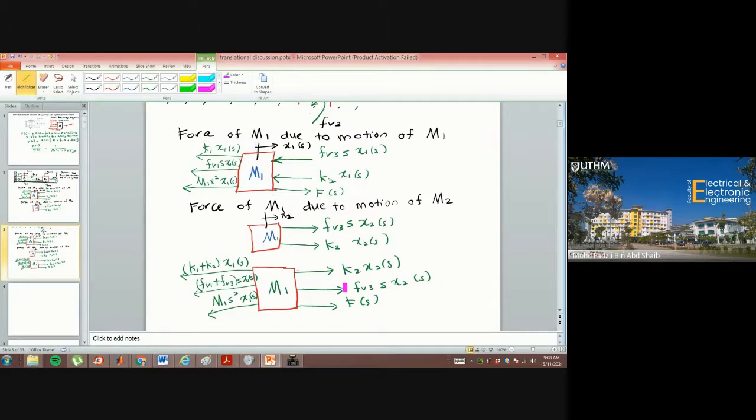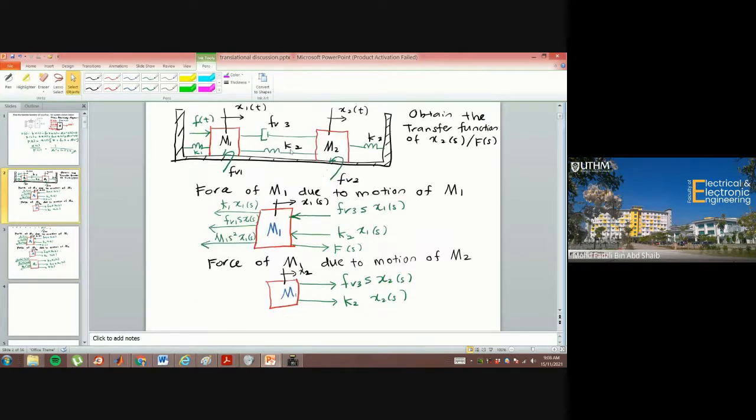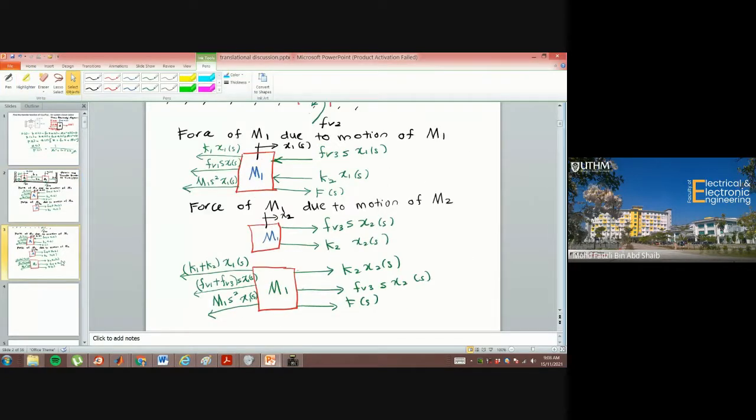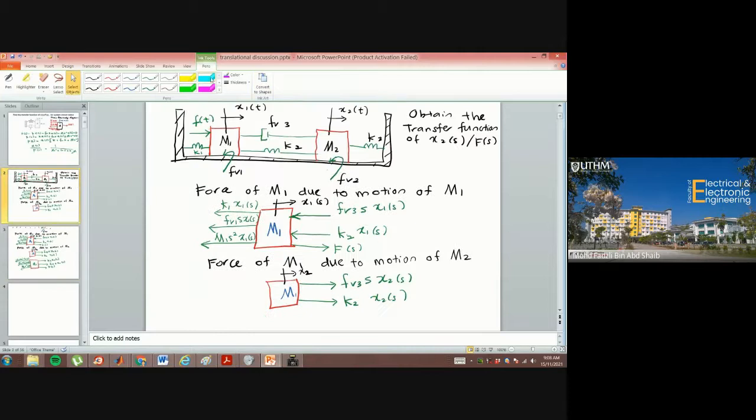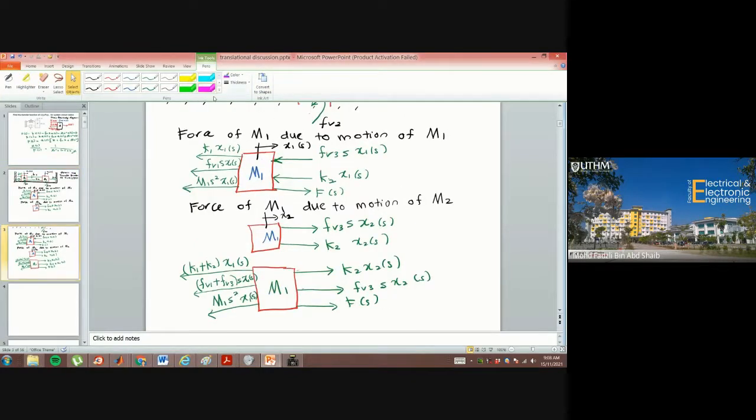If you can imagine, you don't need to draw this diagram one by one. But in order to avoid mistakes, you can draw one by one. If you are good enough, you can straight away draw this one. It depends on you. That is your choice.